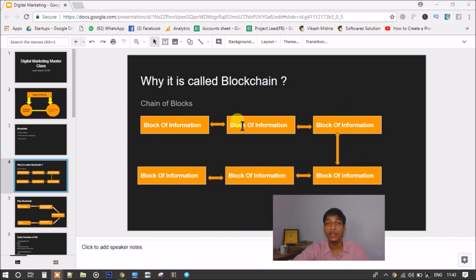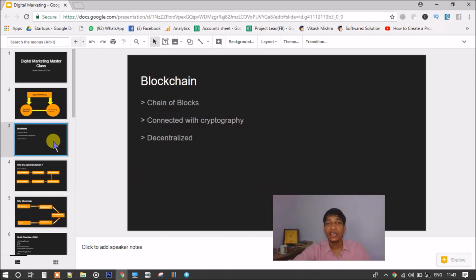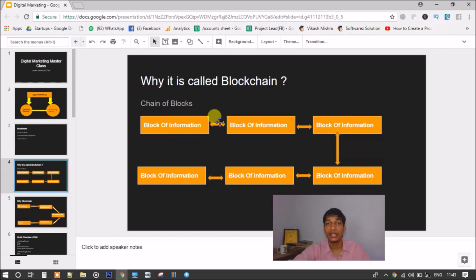All these blocks of information are connected with each other using cryptography. So data is secured and different blocks of information are chained with each other. This is why it is called blockchain, because different blocks of information are chained together using cryptography.